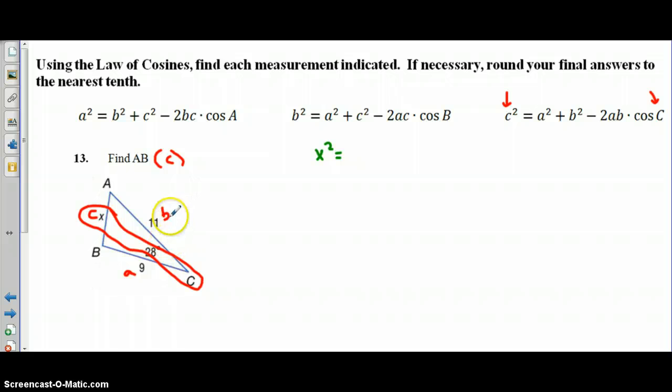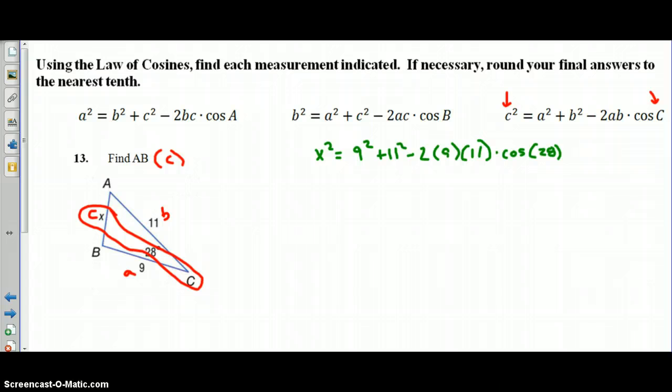Well, a is 9 and b is 11, so we have 9 squared plus 11 squared minus 2 times 9 times 11 times the cosine of C, and angle C is 28 degrees, so times the cosine of 28 degrees.